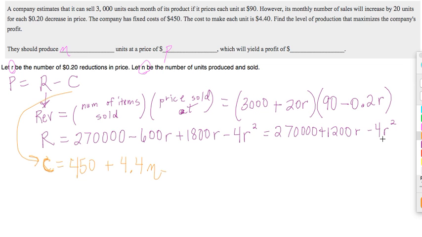So let's figure out how R and N are related. If N is the number of units produced and sold, then currently we are selling 3,000, and then we sell 20 more for each reduction in price.